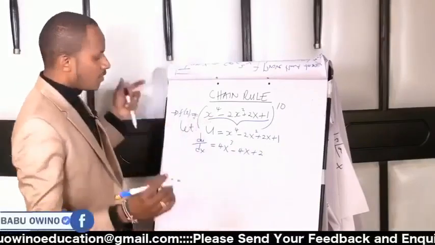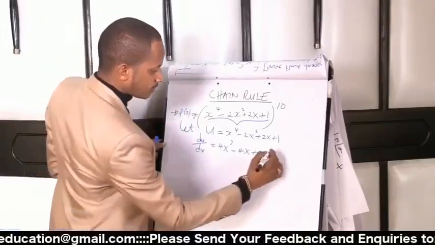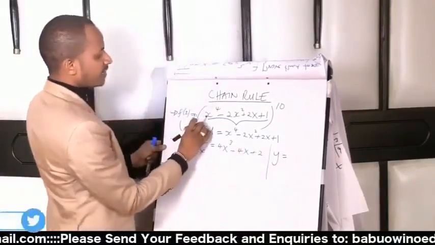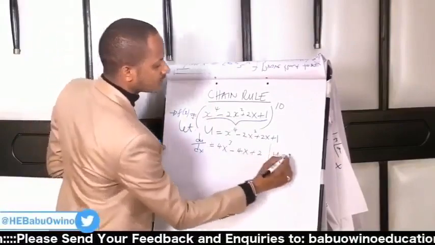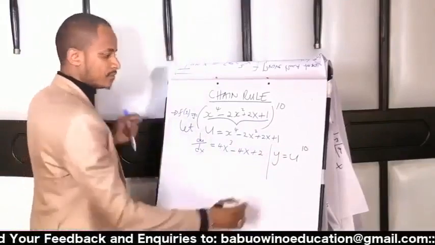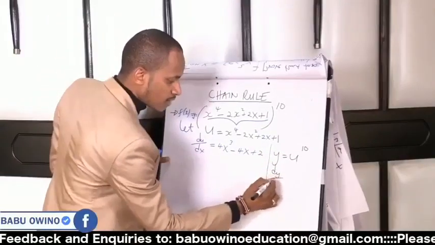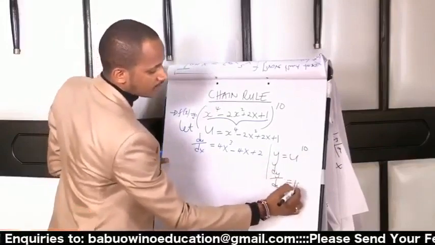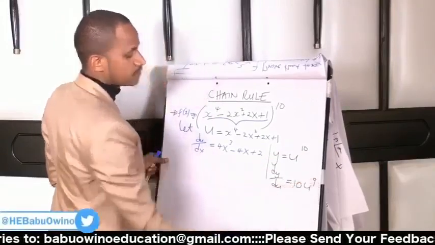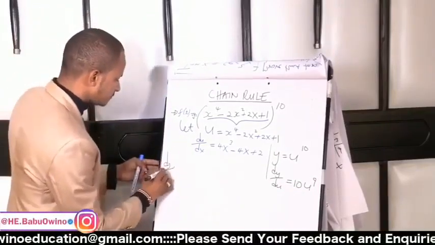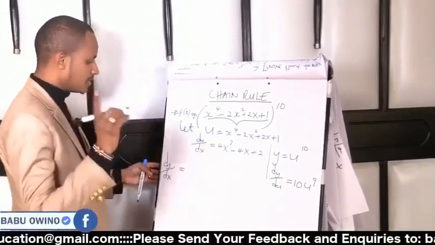Then our initial function y equals, if we let the whole of this be u, so you just say u raised to power 10. Therefore, from here you also get dy du equals, differentiate this, you get 10u raised to power 9. Therefore, dy dx, be keen here class.